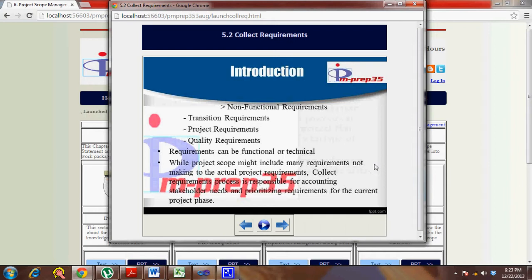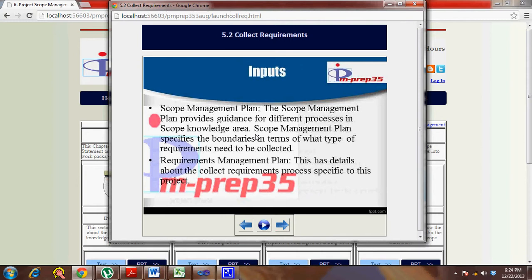You have the product acceptance criteria as part of your project charter, which is again very important to keep in mind while you collect the requirements. So the most important inputs for this process are the scope management plan and the requirement management plan. Then comes your project charter, then your stakeholder register and stakeholder management plan. So these are some of the inputs that are very important for this process.